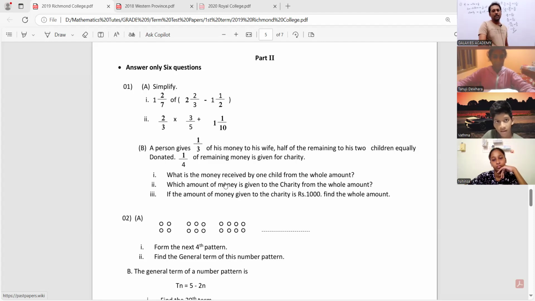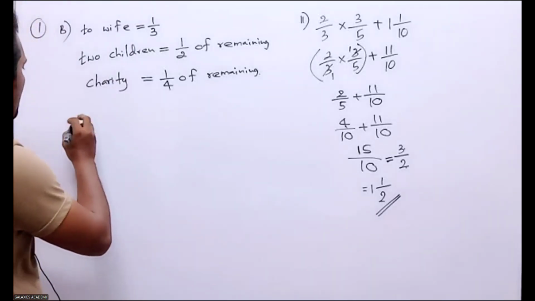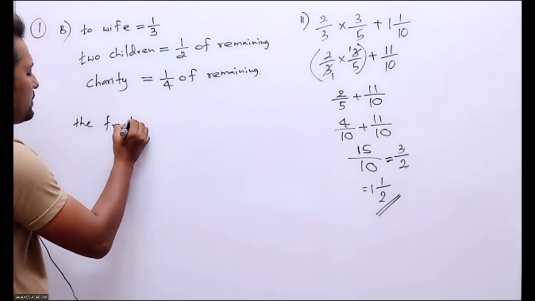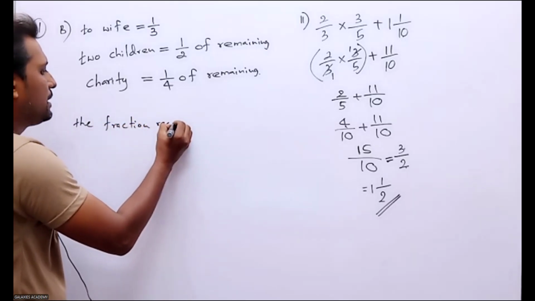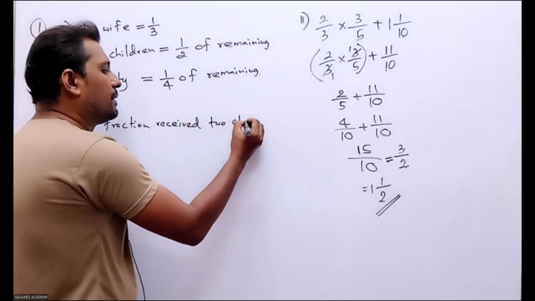First part, what is the money received by one child from the whole amount? As a fraction you have to write, okay? Okay, first I will find the fraction received by 2 children.